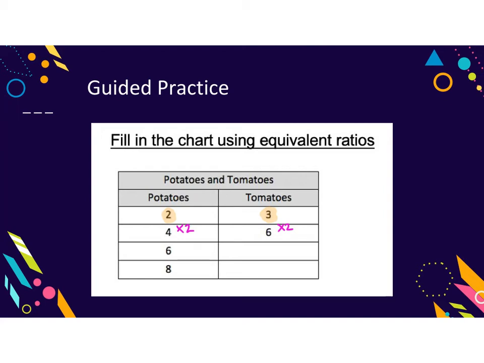So then we move down to 6 for the potatoes. And we think, how did we get from 2 to 6? We multiplied by 3. So if we multiply 3, our original amount for our tomatoes, by 3, then we would get 9.